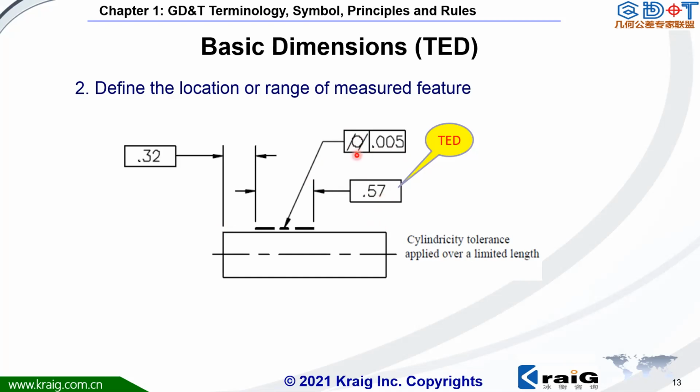That means cylindricity is only used for a portion of this part. The length is 0.57. Again, as we said, this is kind of old geometry. It's going to use inch. If it's metric, we are supposed to have 0 here.